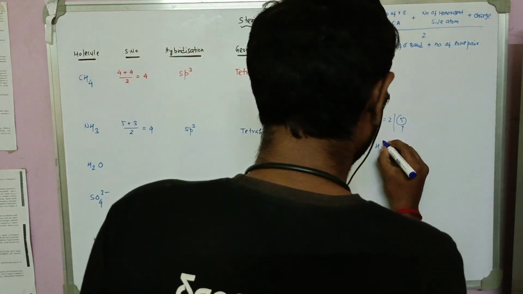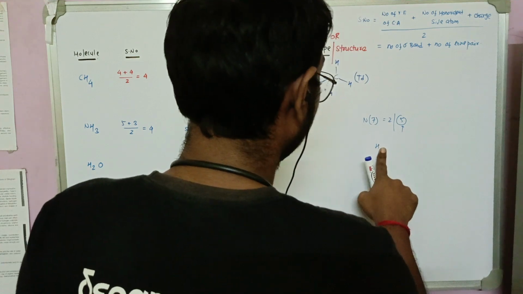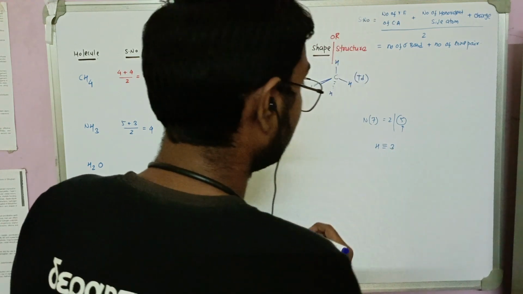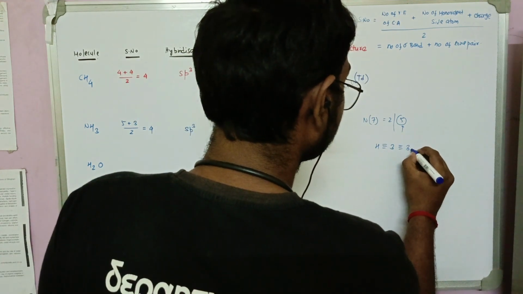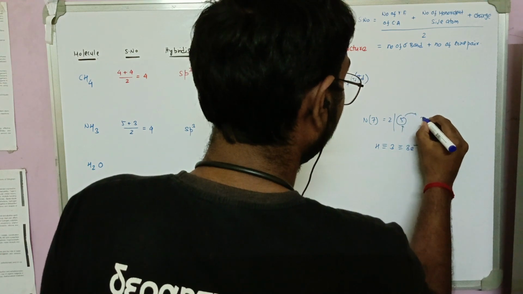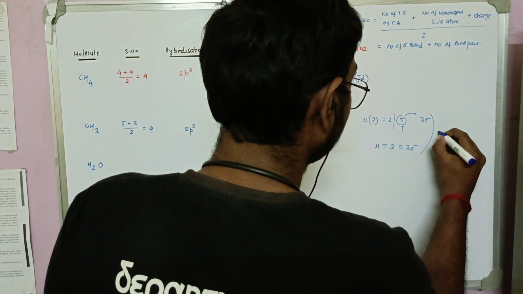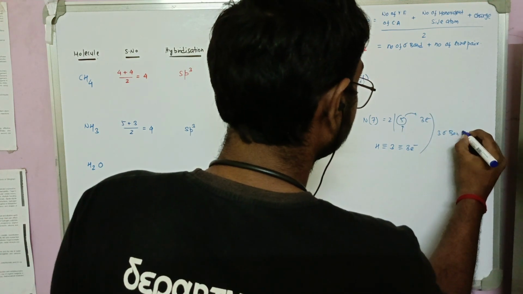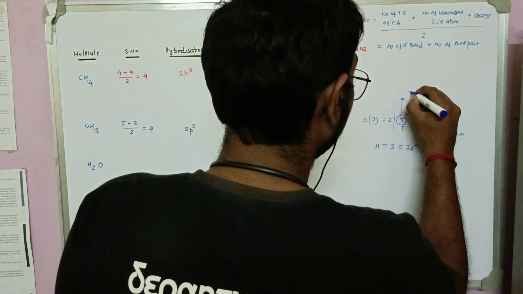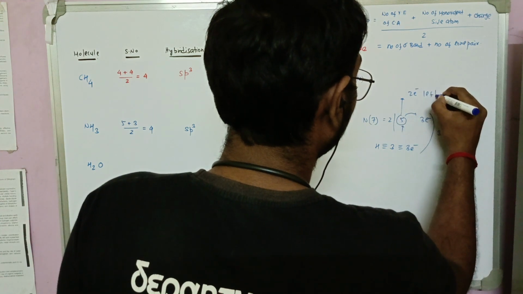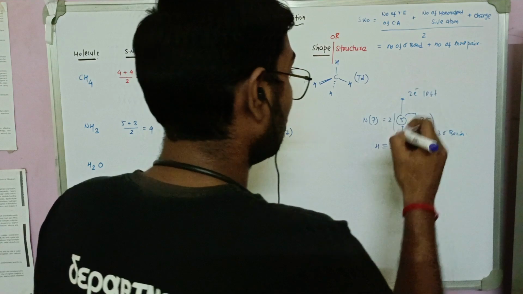Then we have to subtract it to find out the lone pairs. So there are 3 hydrogens in ammonia, so 3 electrons. So from 5 electrons, 3 are being utilized to form 3 sigma bonds. But there are still 2 electrons left over nitrogen, and 2 electrons mean 1 lone pair.